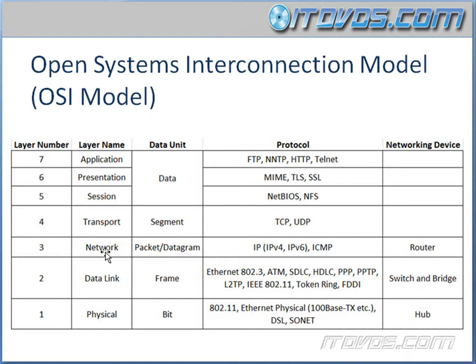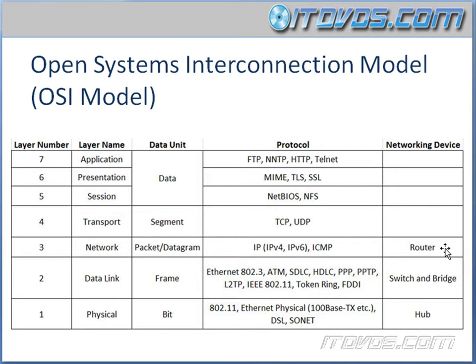The next layer is layer 3, our network layer. And at this point, our segments are encapsulated and they become packets or datagrams. And this layer is responsible for logical addressing. So in an IP network, it would be an IP address. This is also what layer routers function on.